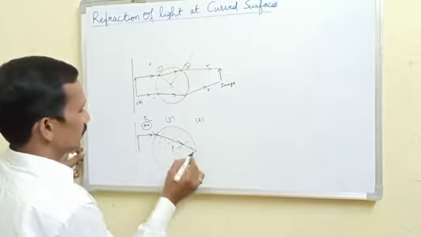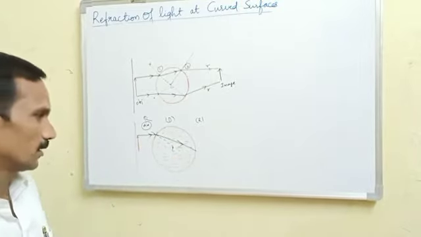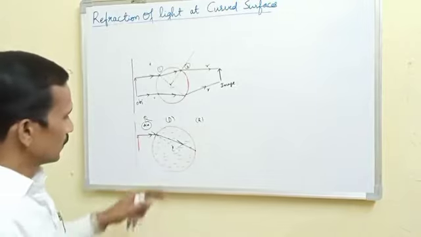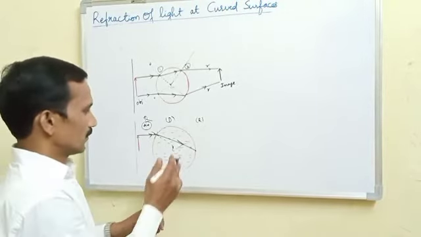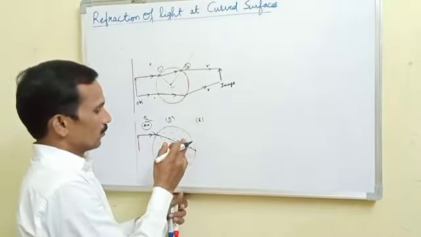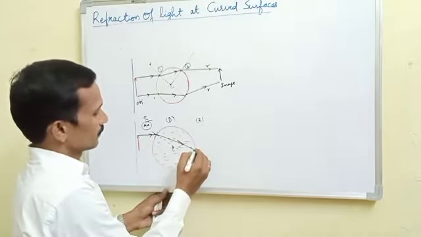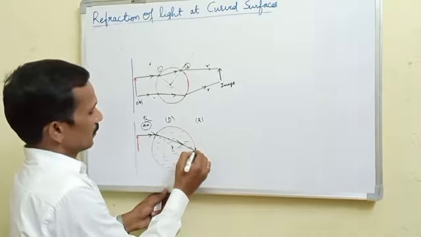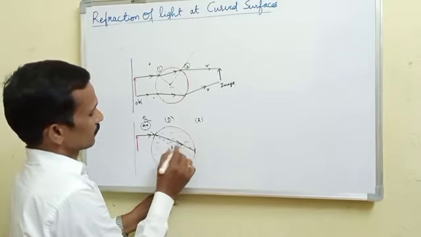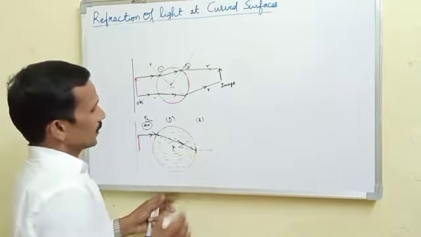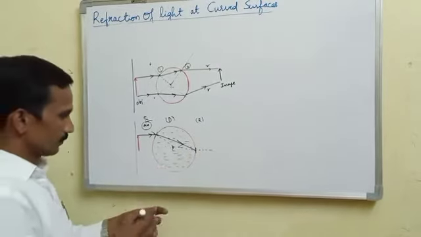So this ray strikes here at the concave surface. Now this is a denser medium. The light ray is moving from denser to again rarer. What happens here? This is the normal here.